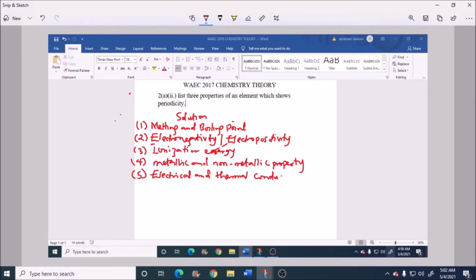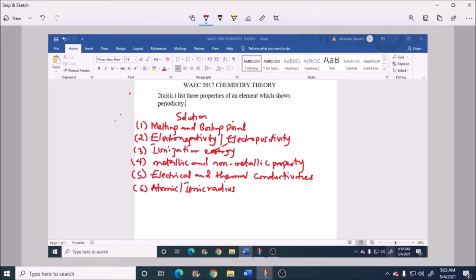So it's one of the properties that shows periodicity. The next one, we still have atomic or ionic radius. So it's one of the properties that shows periodicity.